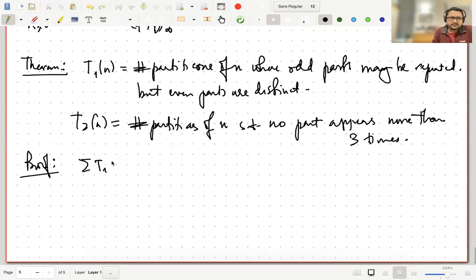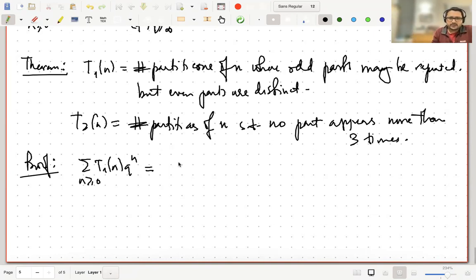So what is this T1n, the generating function for T1n? This consists of two pairs of two partitions. One partition is just where even parts are distinct, and the other type of partition is just where you have only odd parts and these parts may be repeated.